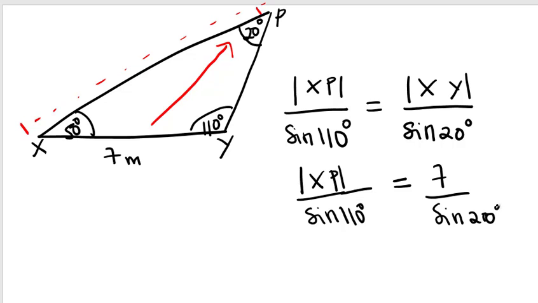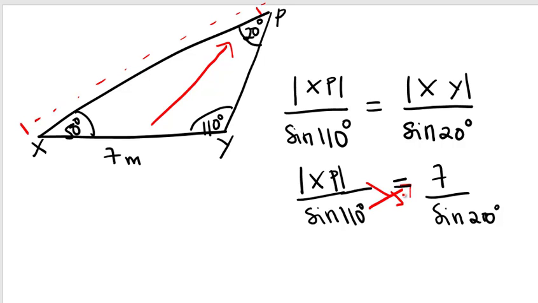So in this case, we make XP the subject. If we want to make XP the subject, we can do cross multiplication here. We can use XP to multiply sine 20 degrees, and sine 110 also multiplies the 7.